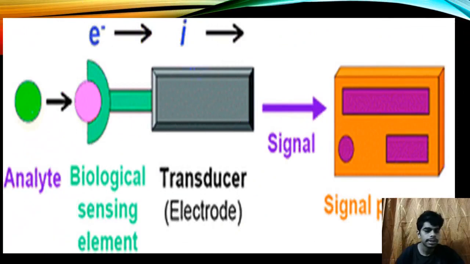So here you can see various components of chemical sensors. So here is the analyte and here the biological sensing element. So here is the transducer. See how the electric signal is getting connected into current and going through the signal. And lastly, it is displayed.